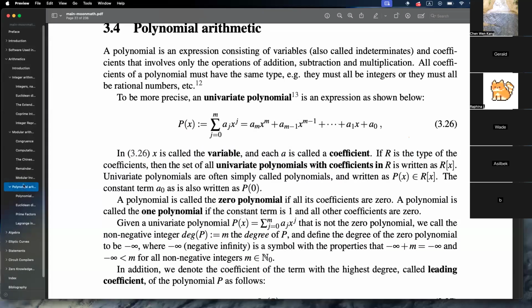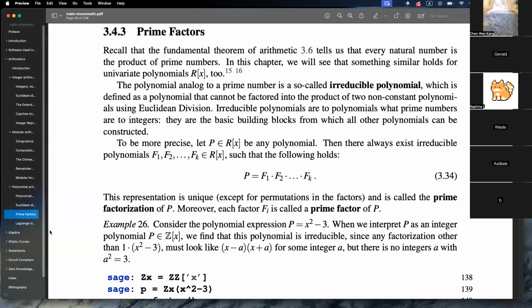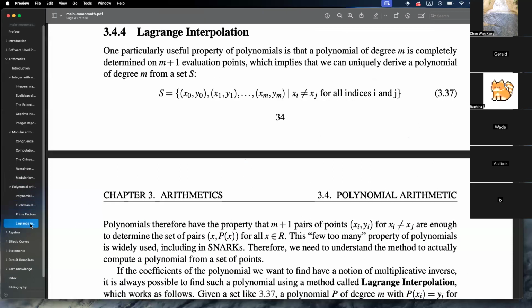So, 3.4 polynomial arithmetic. We talked about univariate polynomials last week: division, prime factors. The main point we want to talk about is Lagrange interpolation.